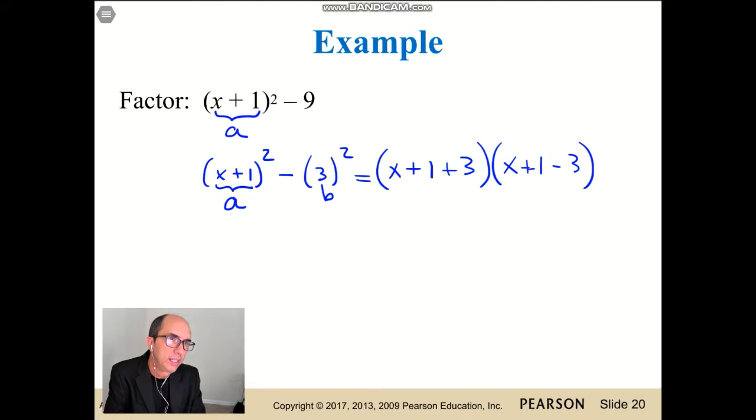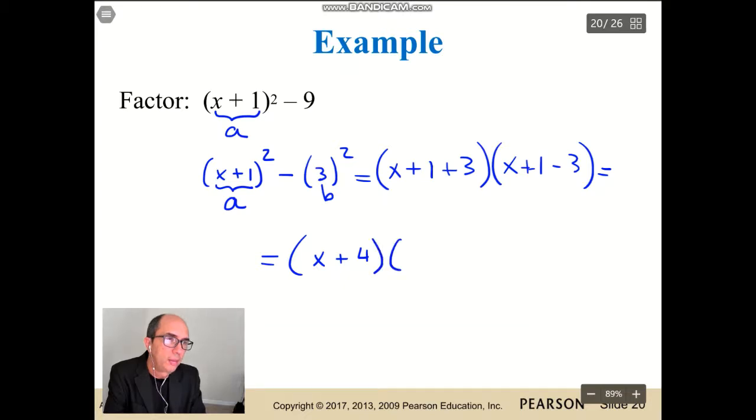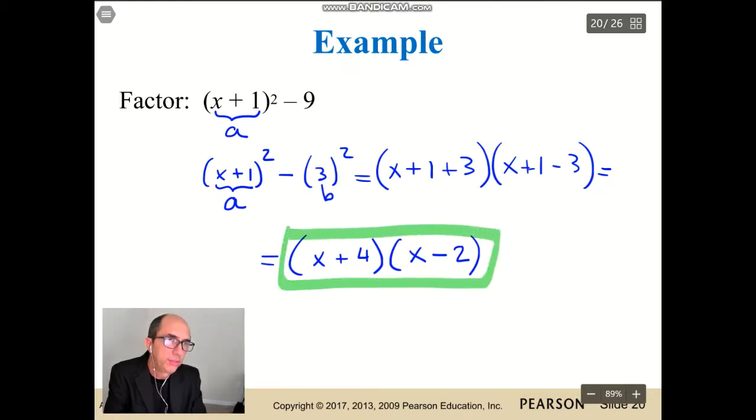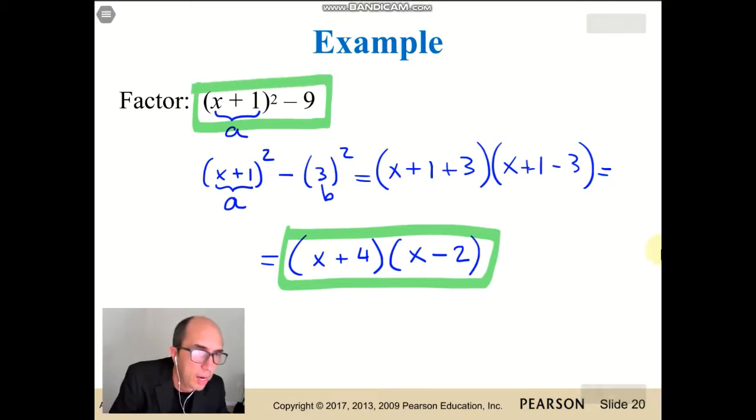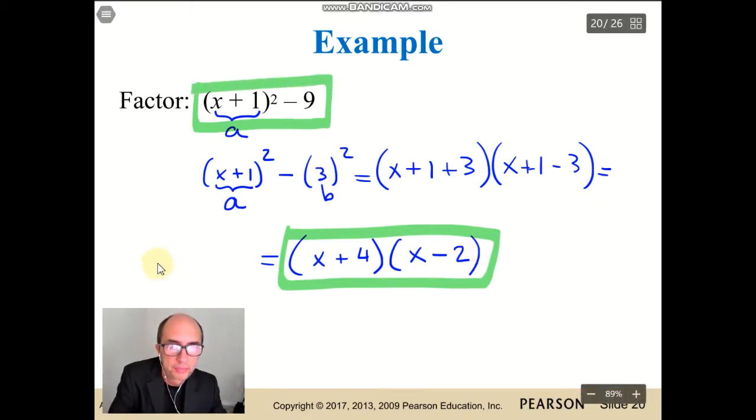And that's kind of interesting because we still can simplify, right? We still can simplify. This is going to be equal to x plus 4 times x minus 2. This expression is equivalent to the original one, and is how we factor out the original expression.